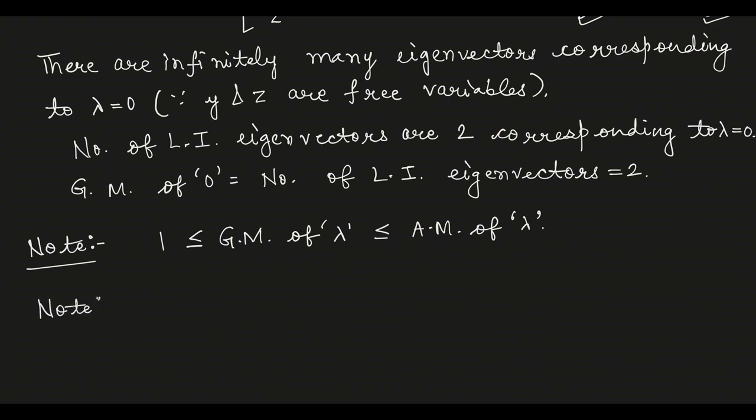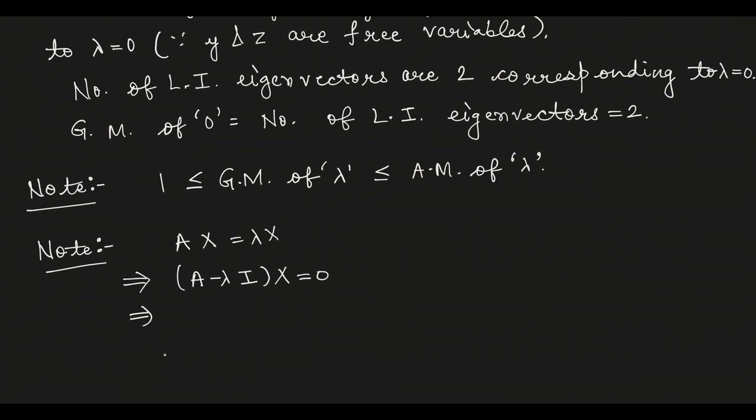Now we will learn another formula for GM of lambda. We know that Ax is equal to lambda x. This means that A minus lambda I times x is equal to 0. So from here x belongs to the kernel of A minus lambda I, na? So GM of lambda is the number of linearly independent eigenvectors, these eigenvectors only.